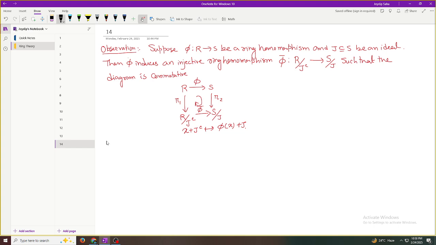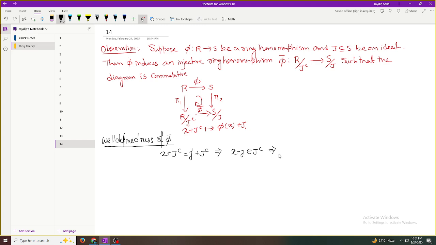Let us check well-definedness of phi bar. Note that x plus J contraction equals y plus J contraction implies x minus y belongs to J contraction.